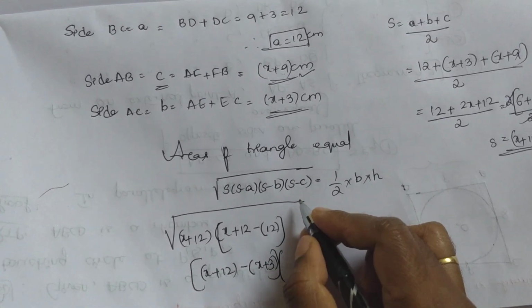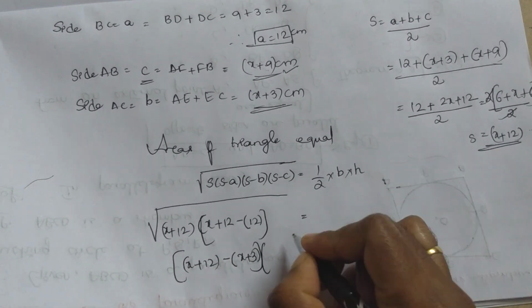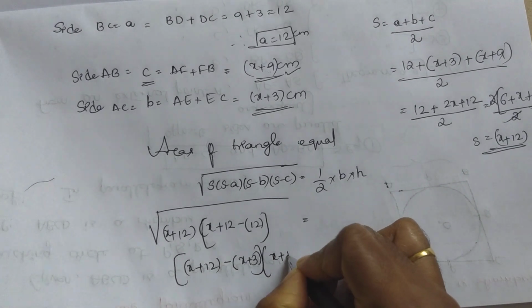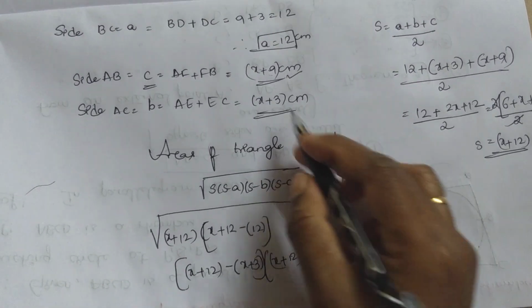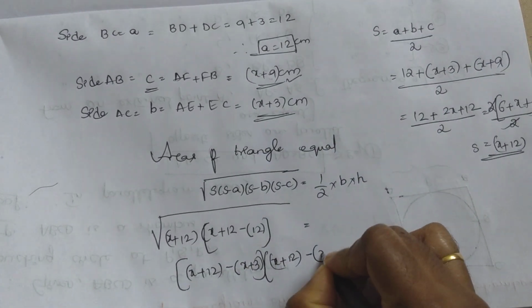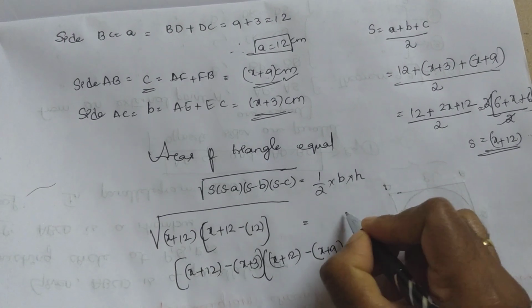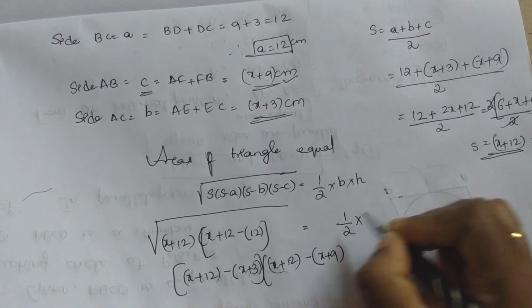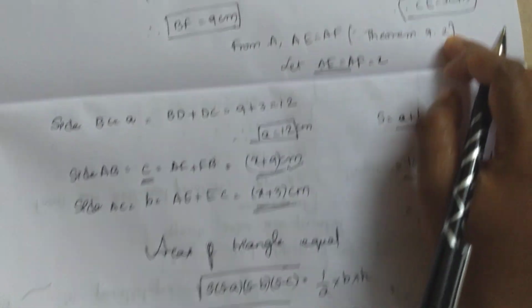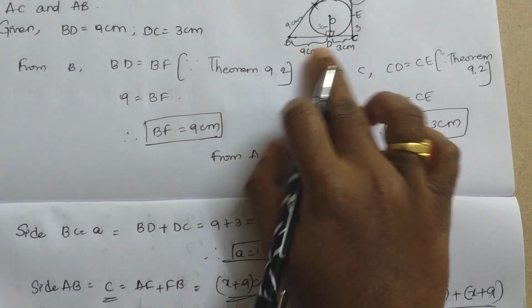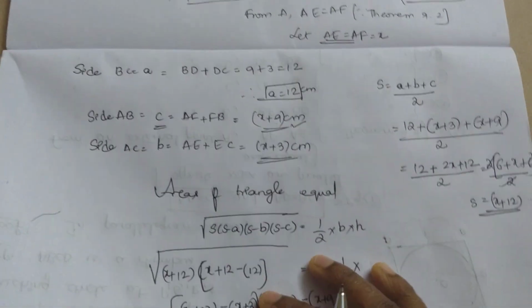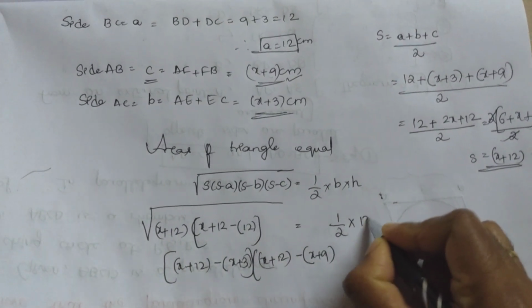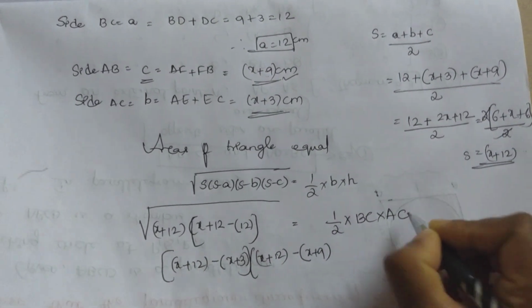Into s minus c: s is x plus 12 minus c, c is x plus 9, minus of x plus 9, equals 1 by 2 into base. Base here is BC, height is AC. 1 by 2 into BC into AC. Write the same thing here.